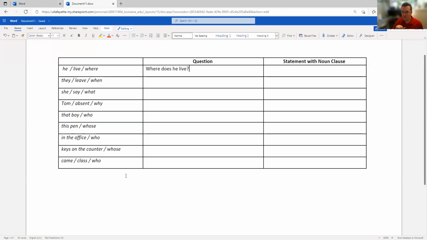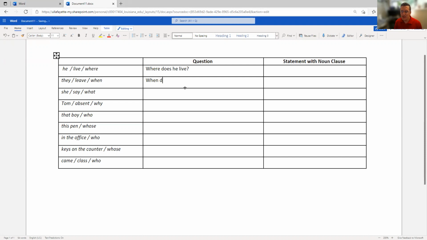Okay, I hope you paused it and looked at it. I hope that you've thought about it. Now let's check. Let's see how you did. Okay, so they leave when. Again, the question word comes first, when. And then we need some kind of auxiliary or modal, some helping verb. Not the main verb, but the helping verb.